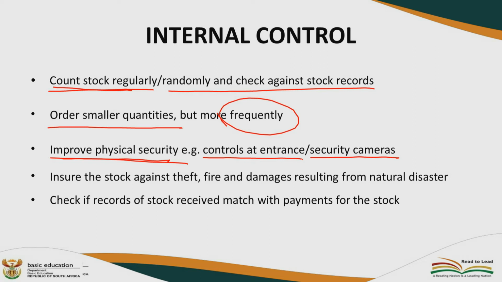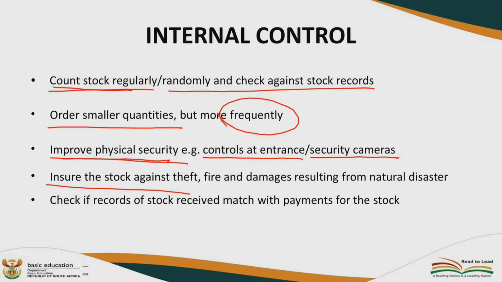For stock not to be missing, you need also to ensure that you have an insurance cover. You need to have insurance cover that will cover you against theft, fire, and damages because anything is possible.